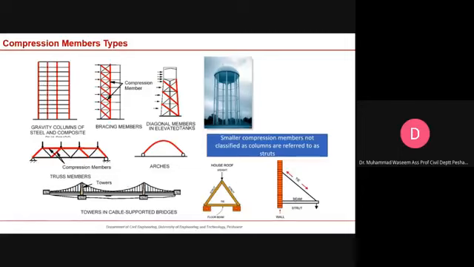Then we have another terminology we call strut and tie. The inclined members which are subjected to axial compression and axial tension are known as strut and tie. This is called strut and this is called tie.